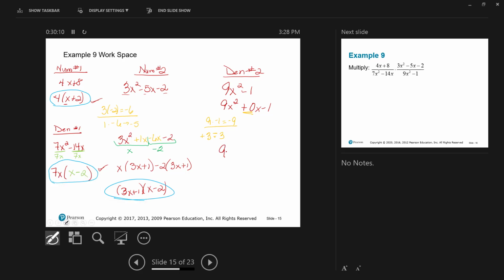So now, see if you follow along with what I'm doing. I'm pairing them up. I notice there's a 3 and an x on the first one, but only a negative 1 on that second one.